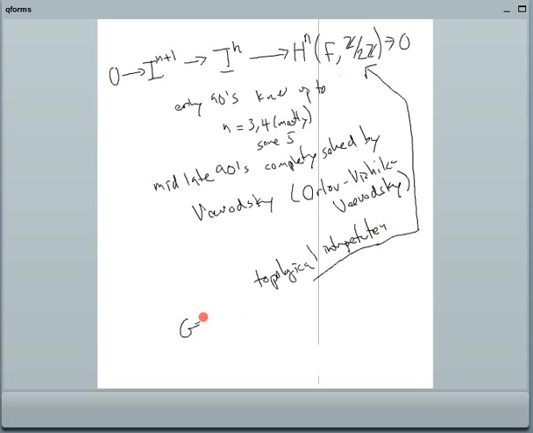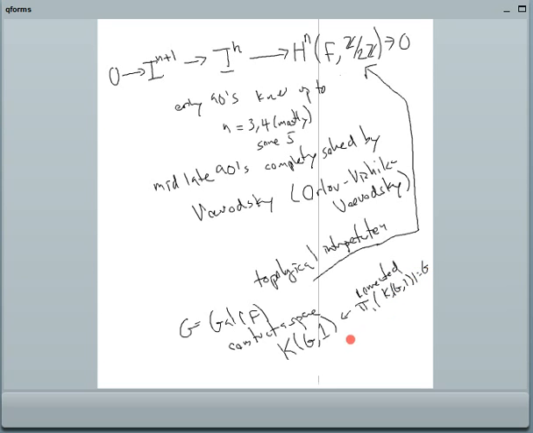If you let G be the Galois group of this field, then you can construct a topological space that's usually called K(G,1), and it has the property that it's connected, its fundamental group is exactly G, and its universal cover is contractible.